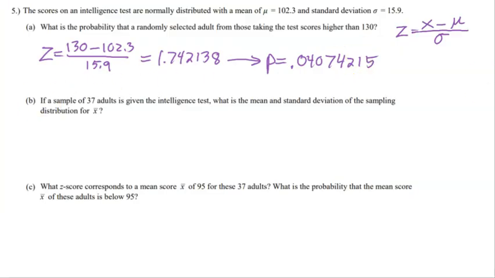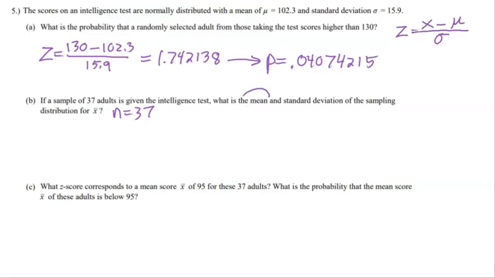Okay. All right. Part B now says if a sample of 37 adults is given the intelligence test, so now we have a sample size of 37. What is the mean and standard deviation of the sampling distribution? Now it's asking about the sampling distribution, okay?